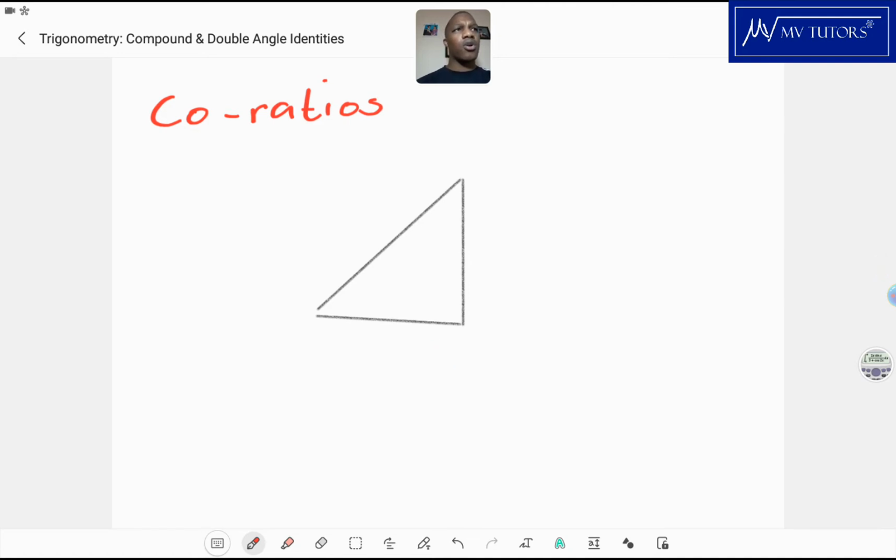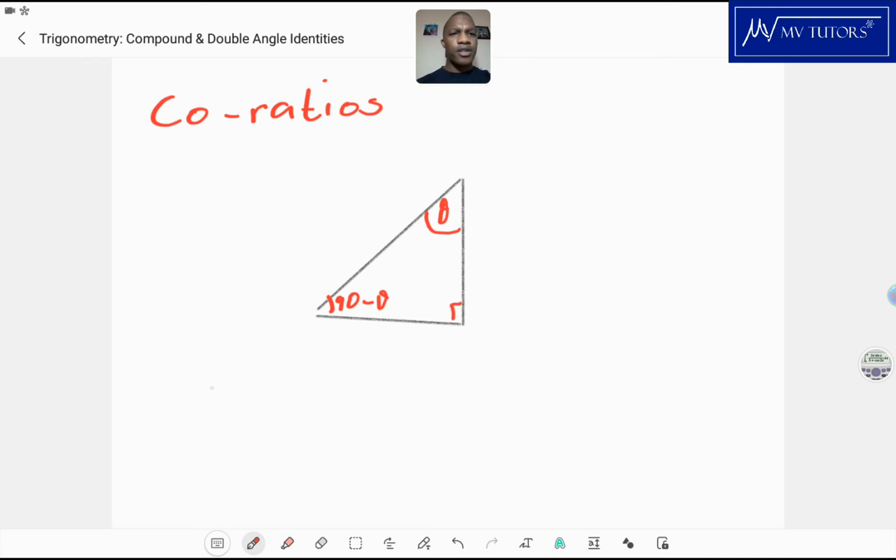So with co-ratios, if you have theta there, and I have 90 degrees there, this angle here is 90 minus theta.